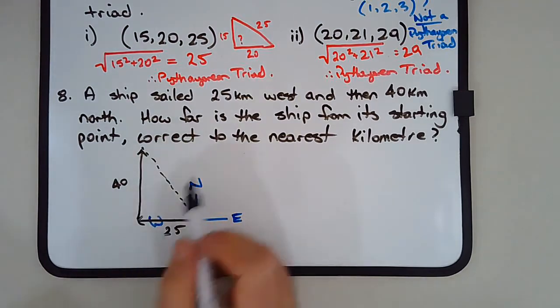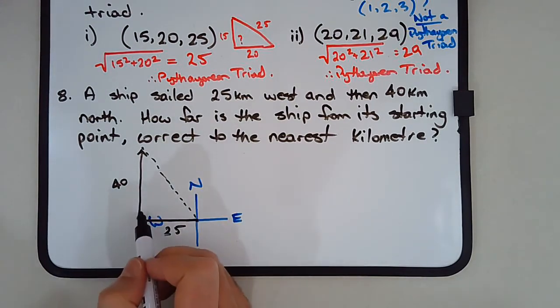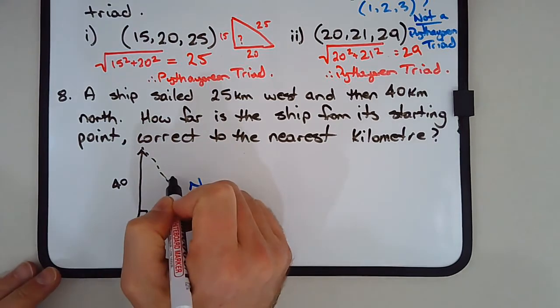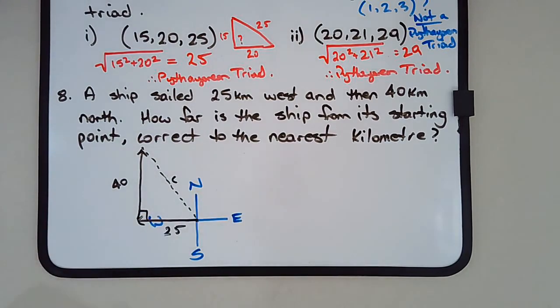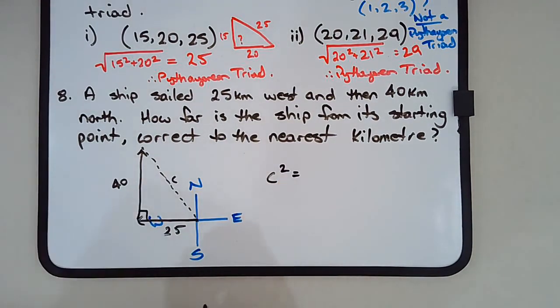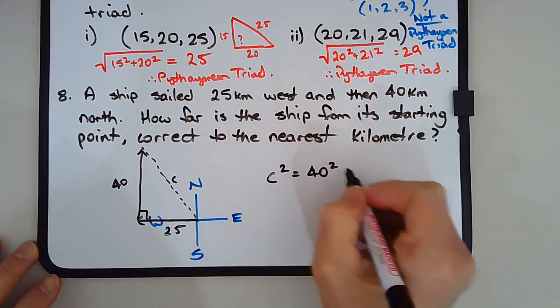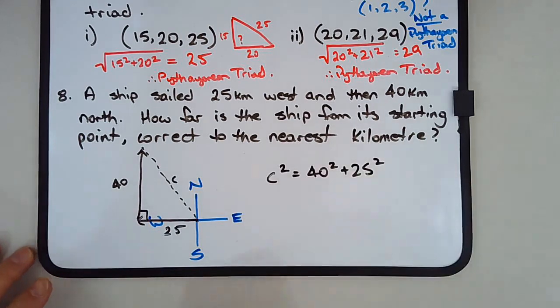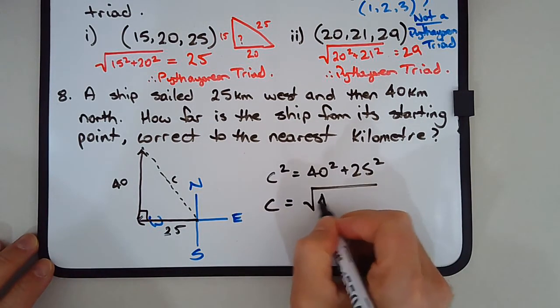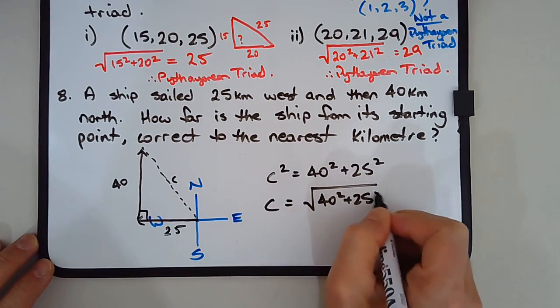Now, the north-south line and the east-west line form a 90-degree angle. So now we've formed a right-angled triangle. Let's call the hypotenuse C. We don't always have to use the letter C. So C squared is equal to 40 squared plus 25 squared, and we might as well take the square root all at once.